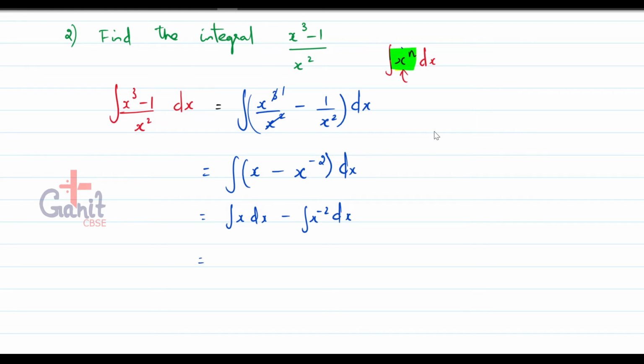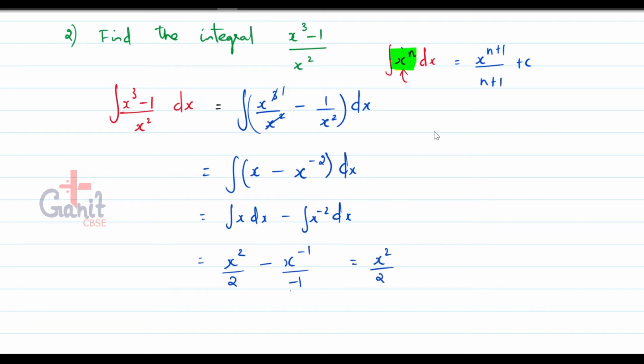When we use the formula, you will get the integral as x to the power n plus 1 divided by n plus 1. So x to the power 2 divided by 2, and here x to the power negative 1 divided by negative 1. If I simplify that, I'll get x square by 2.